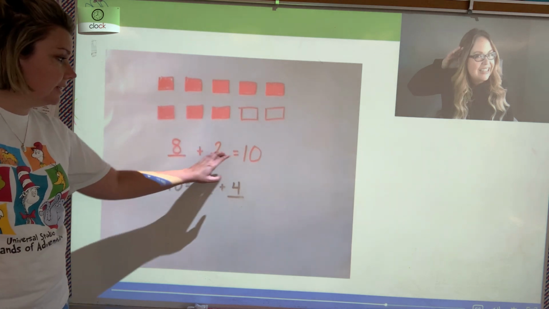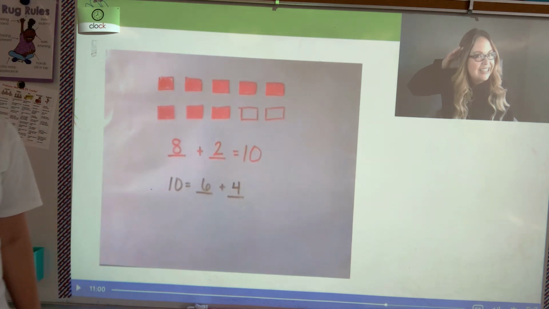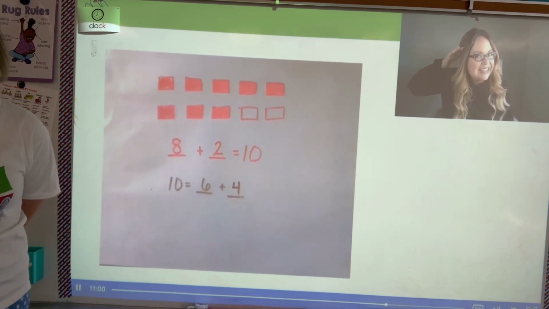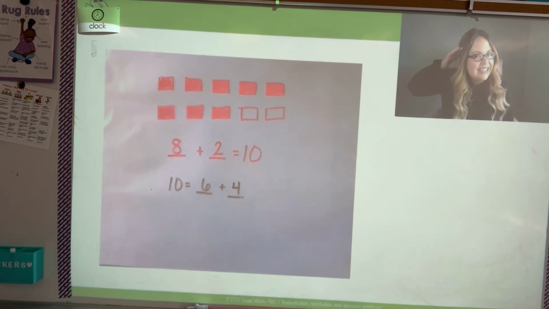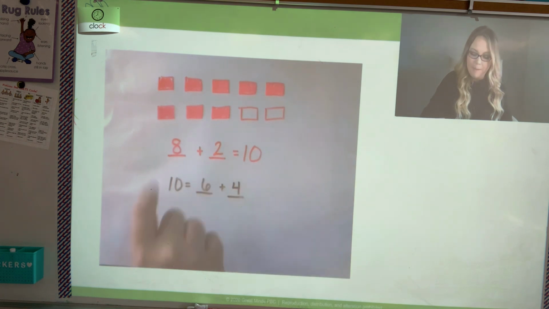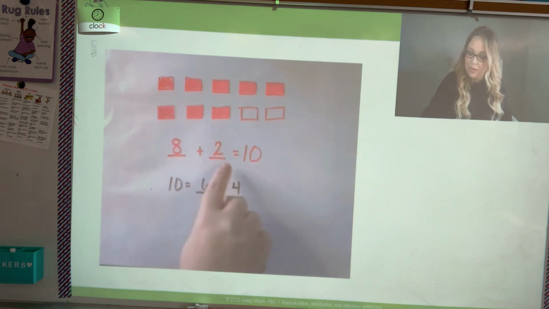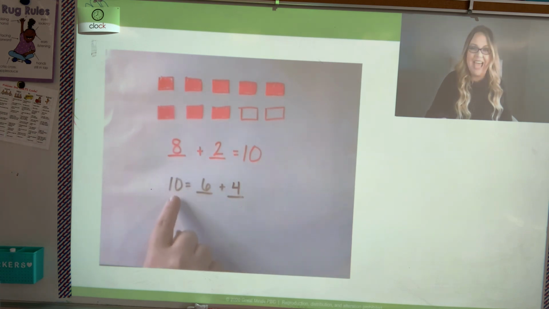Both of the parts add up to make the whole, so they're both correct. Let's see what Ms. Hawkins says. Very good. Yes, they're both correct because 8 plus 2 equals 10 and 6 plus 4 also makes 10.